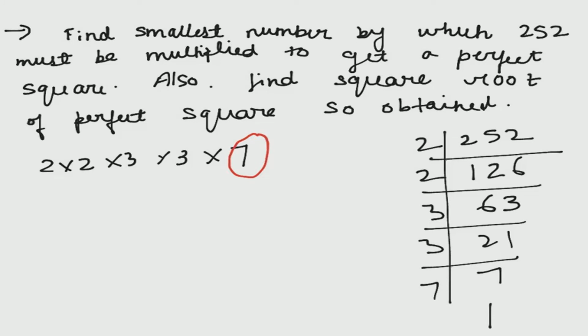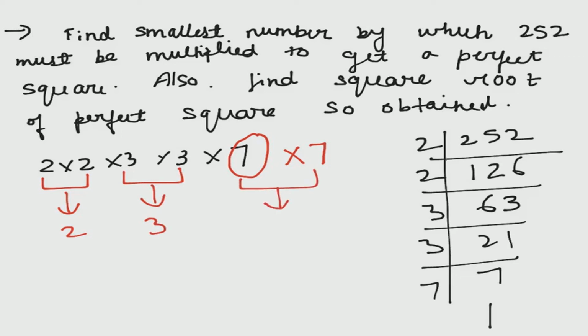It means 7 is not in a pair. So if we multiply by 7, it will become a perfect square. Then it will come as 2, then 3, then 7. So we have to multiply 252 by 7 to get a perfect square.